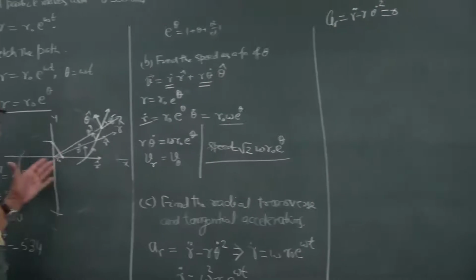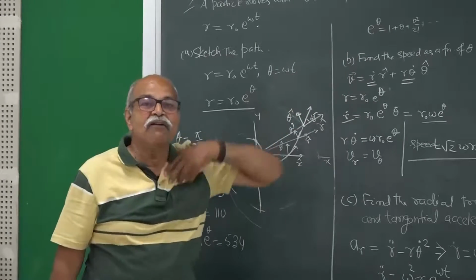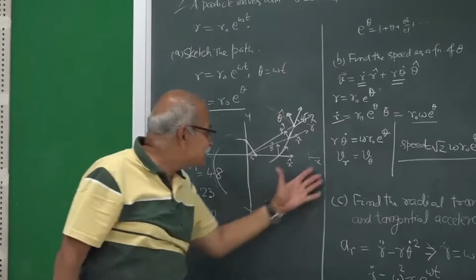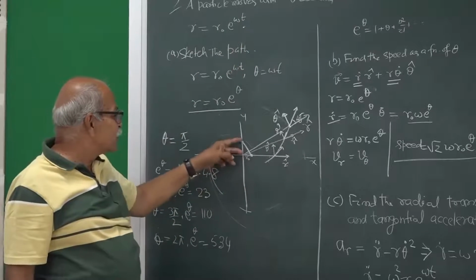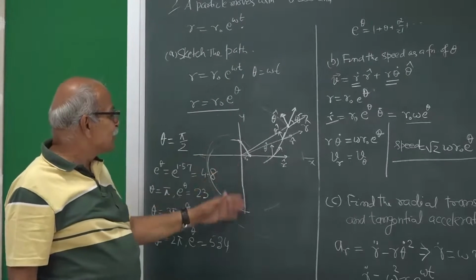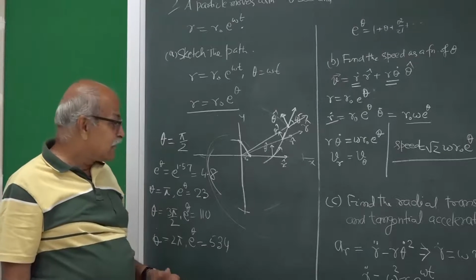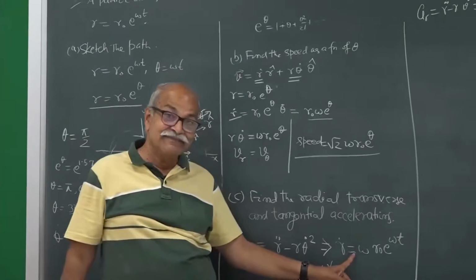r is increasing in a great fashion. r is going away from the origin, and it is going away exponentially. You can see this is 4.8, this is 23 and so on, this is 500. If you see r dot, r dot is also increasing.